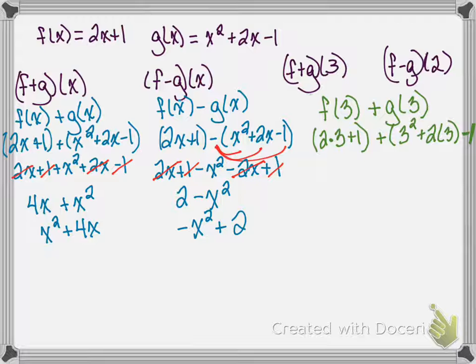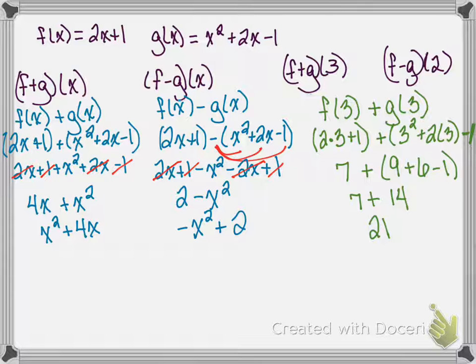2 times 3 is 6, plus 1 is 7. 3 squared is 9. 2 times 3 is 6, minus 1. 9 plus 6 is 15, minus 1 is 14. So I get 21. So f plus g of 3 is 21. Now, I want us to go back over here to f plus g of x.